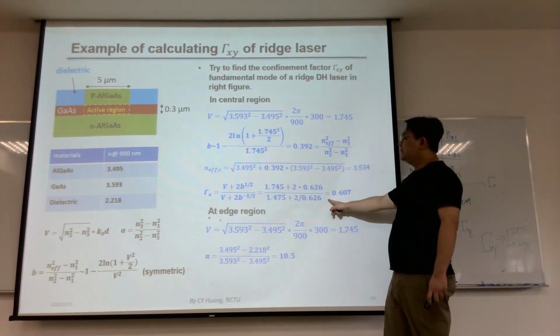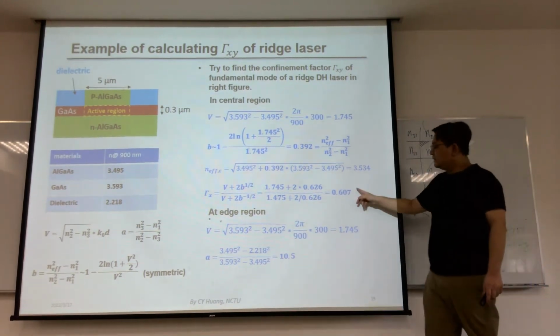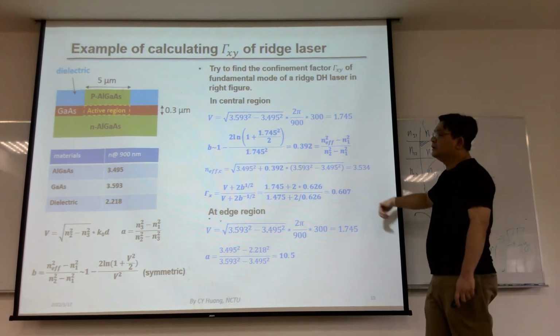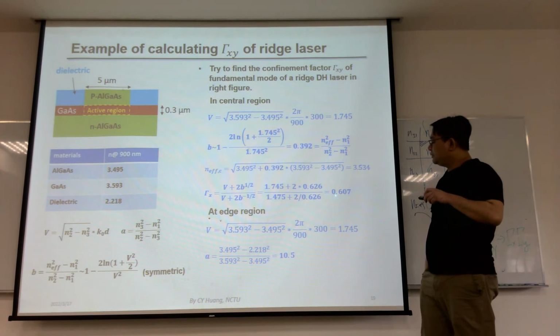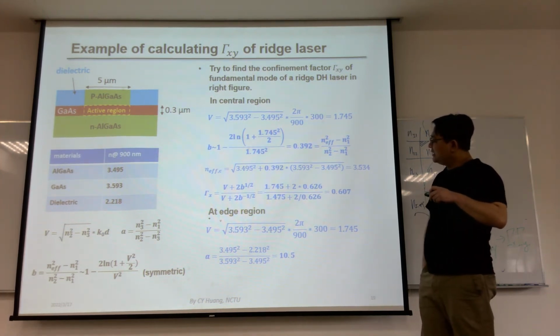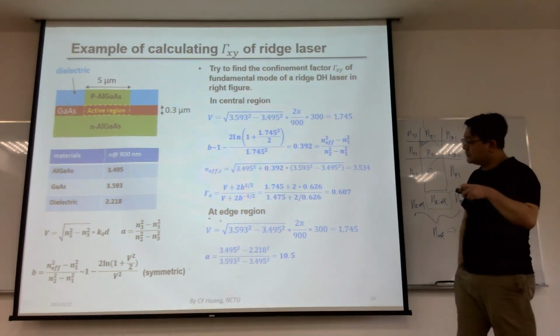It turns out the transverse confinement factor to be 0.607, which is a rather high number. Alright.